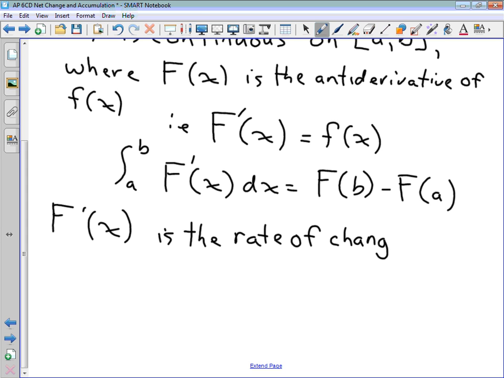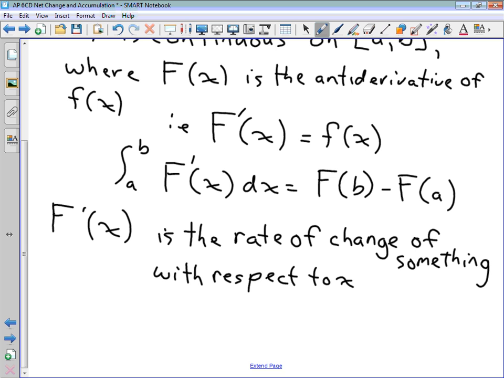I'll just say the rate of change of something. And we don't know what that something is. That's going to depend on the particulars of the problem that we're trying to answer. But it's how that thing is changing with respect to x.